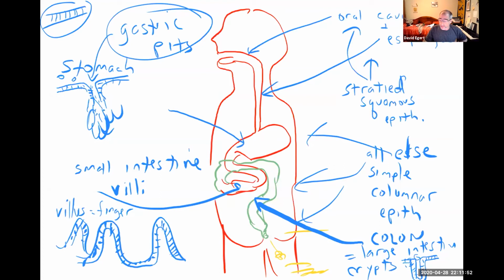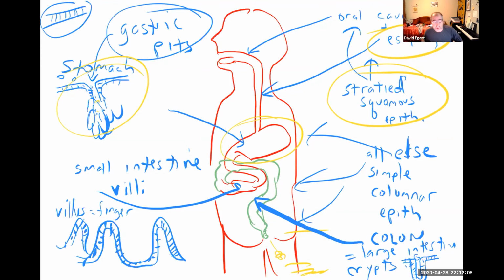If you're up in the esophagus, you're going to have stratified squamous epithelium and not much of this folding or pits or villi. Once we get to the stomach, you're going to get all sorts of these pits with all sorts of weird glands down in there. Once you get into the small intestine, it's like a shag rug, basically. All of these little fingers, and a lot of times they get cut at an angle, so it's hard to even tell they're fingers.